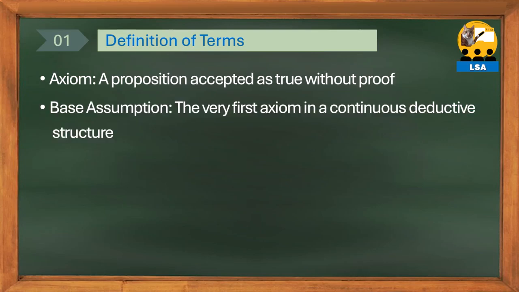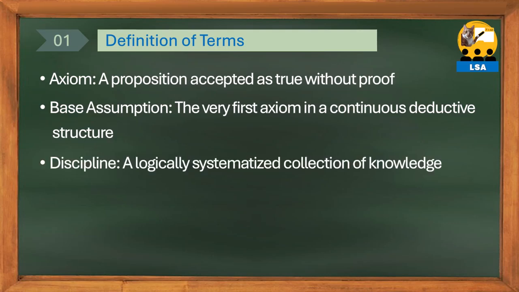Base assumption, the very first axiom in a continuous deductive structure. Since the first proposition in an ongoing deductive structure cannot end unless proven true, it is finalized as a base assumption. Discipline. A systematized collection of knowledge. Not all learning is called a discipline.